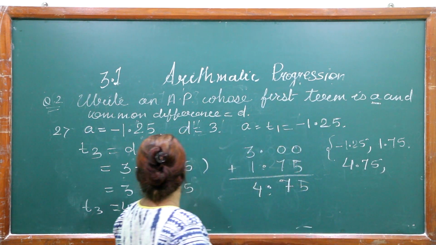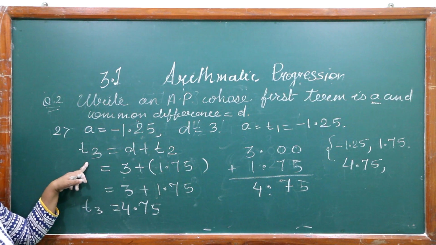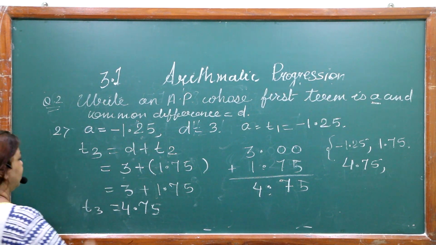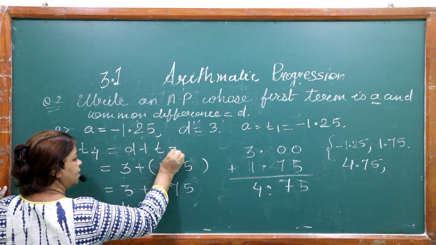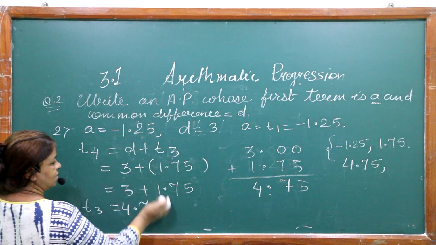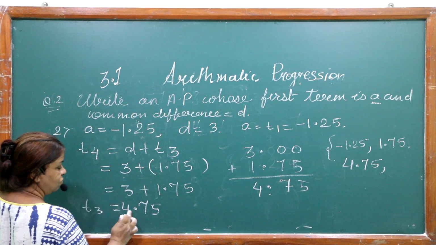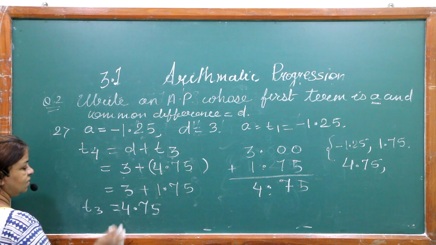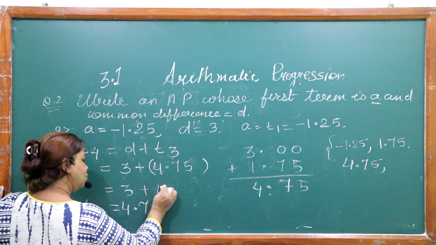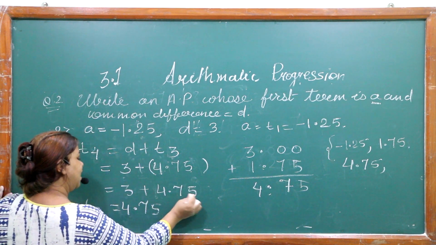Now for term 4, if you would have noted, term 4 is D plus term 3, 3 plus term 3, which is 4.75.